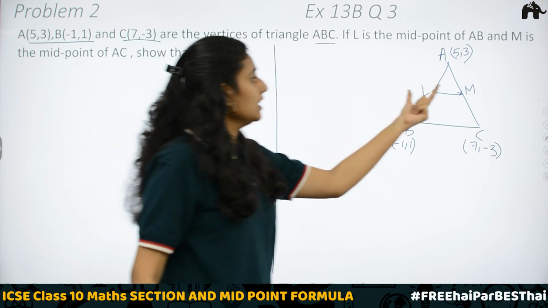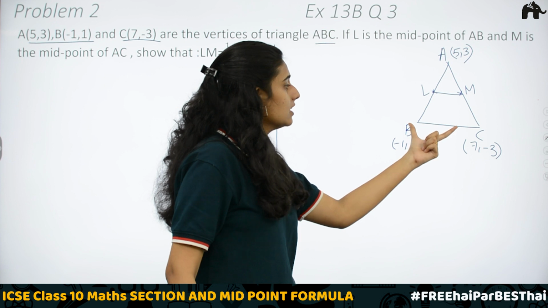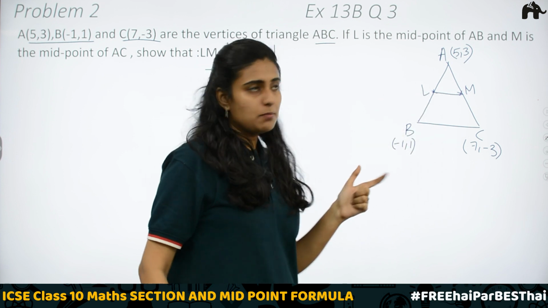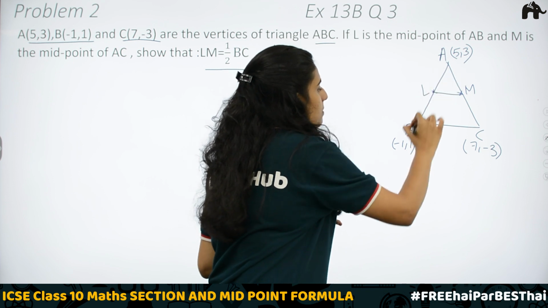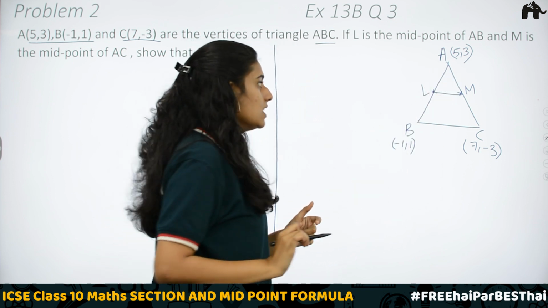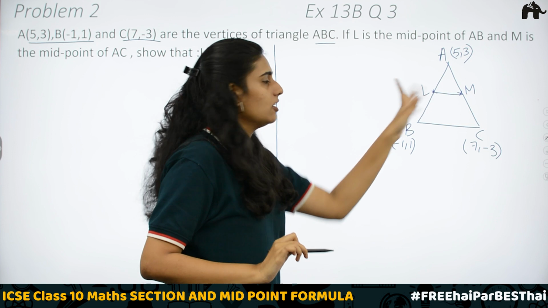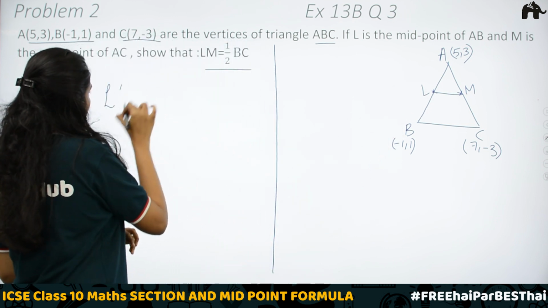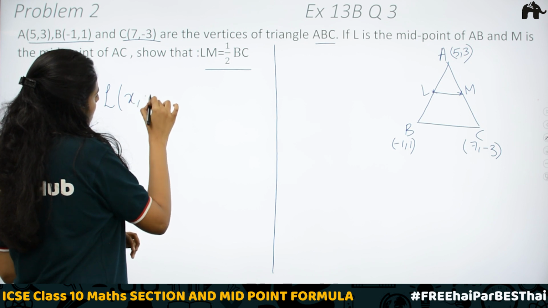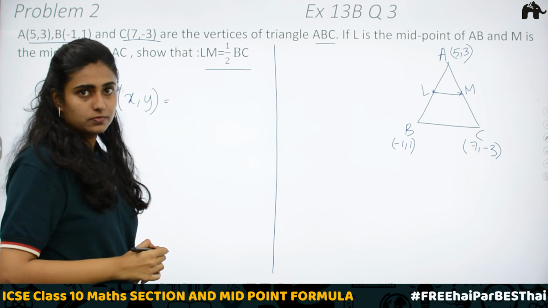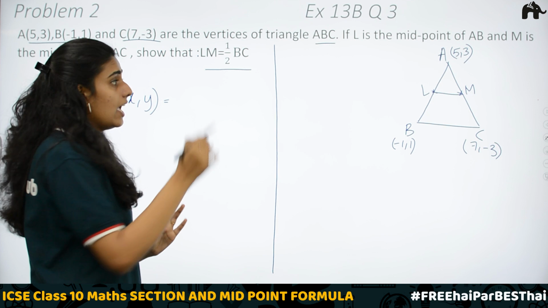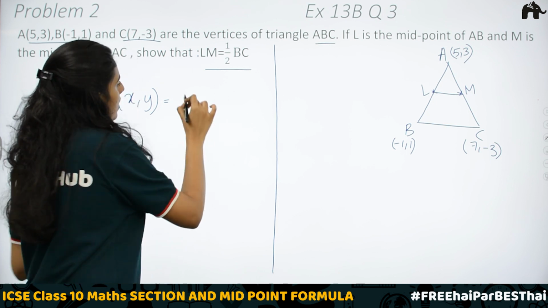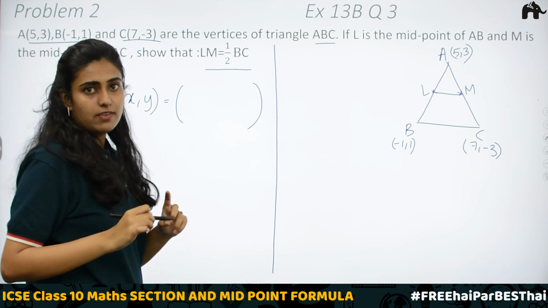First, to find the length LM and the length BC, we need to find the coordinates of L and M. What is L? L is the midpoint of AB. Then we can easily use the midpoint formula and find the coordinates of L. What are the coordinates of L? Let us take L(X, Y) as the coordinates of L. The X coordinate will be (X1 plus X2) divided by 2.